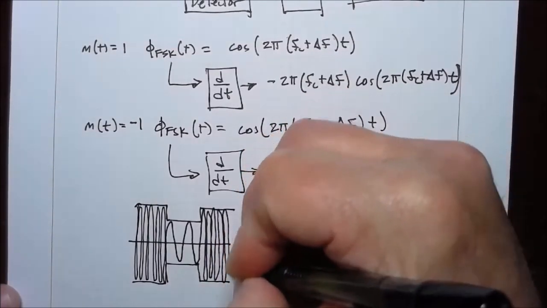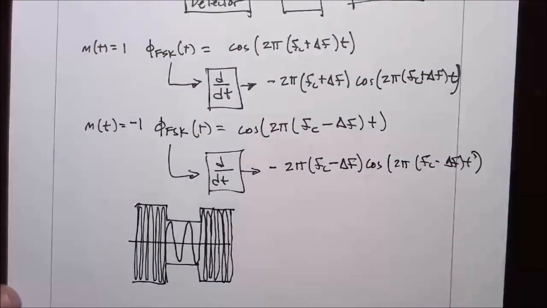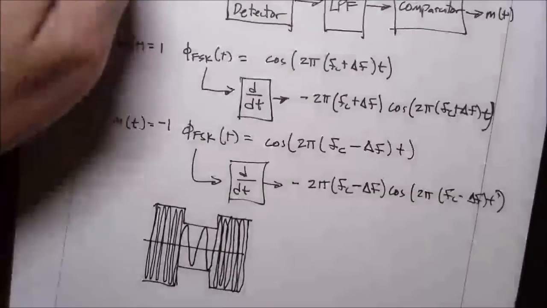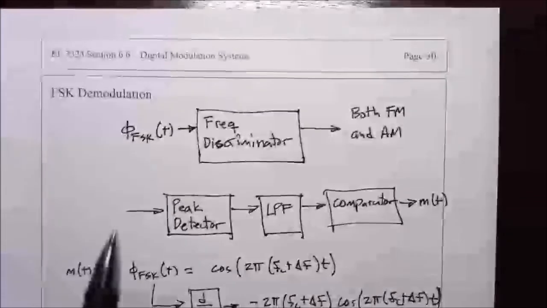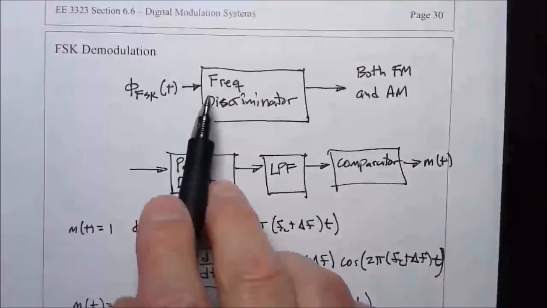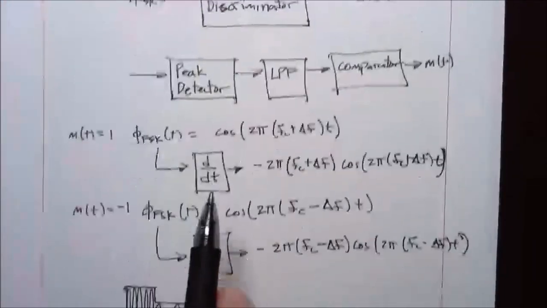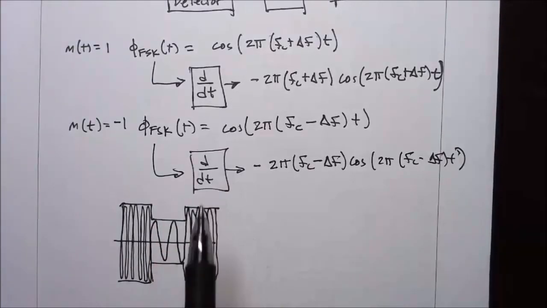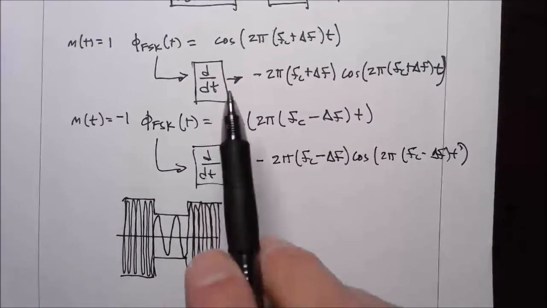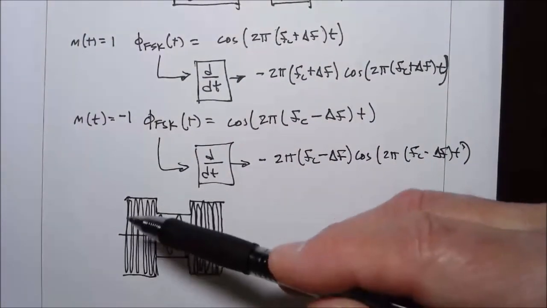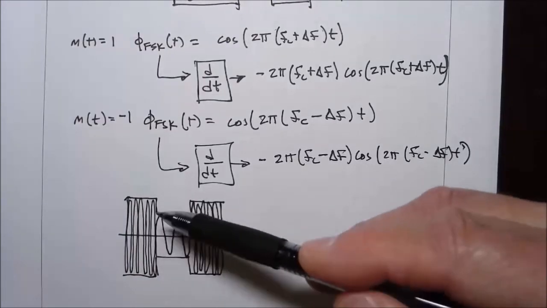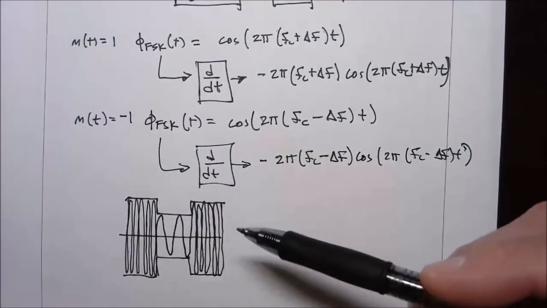Okay. So taking the frequency shift keyed signal through this frequency discriminator, as illustrated by this differentiating amplifier, will produce a signal that's both frequency modulated and amplitude modulated.